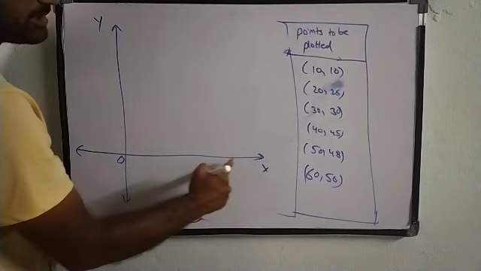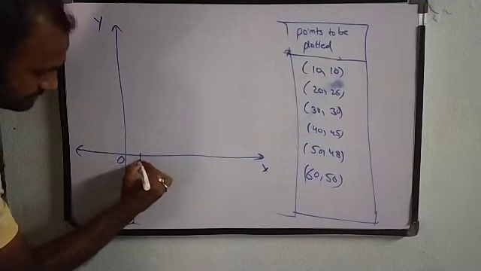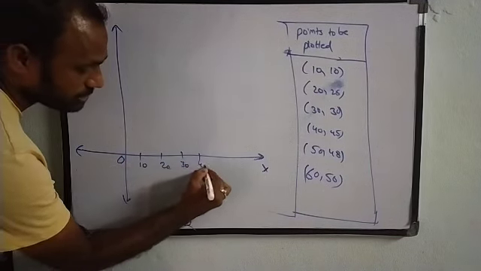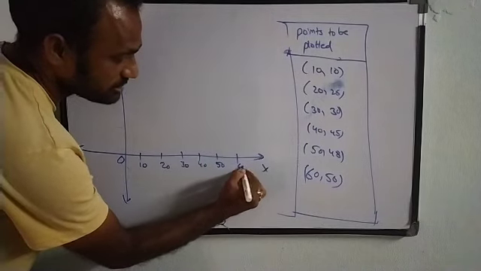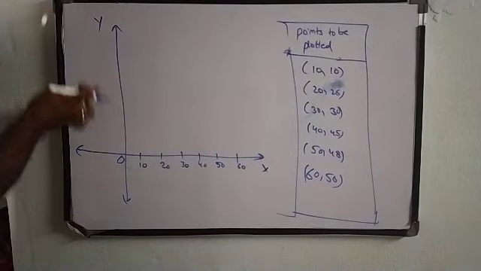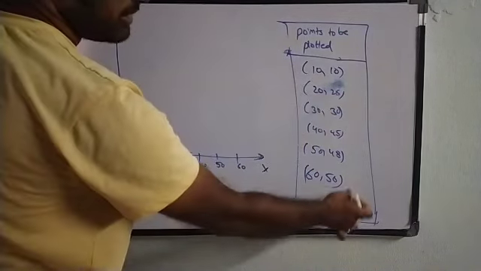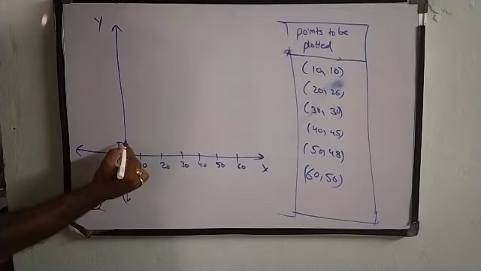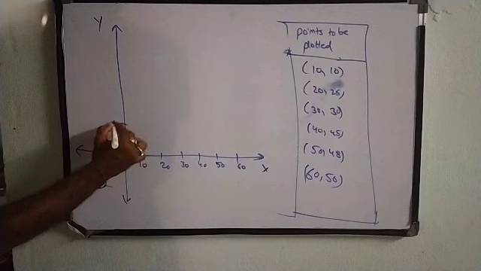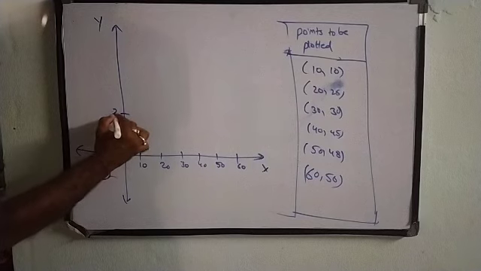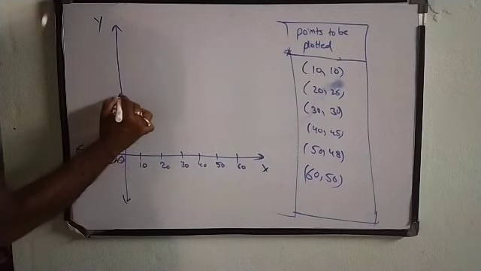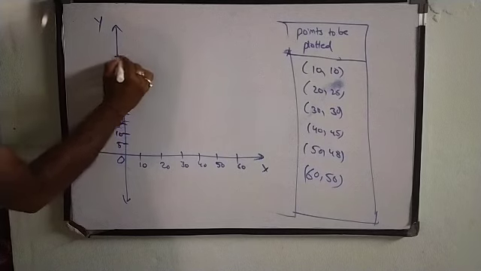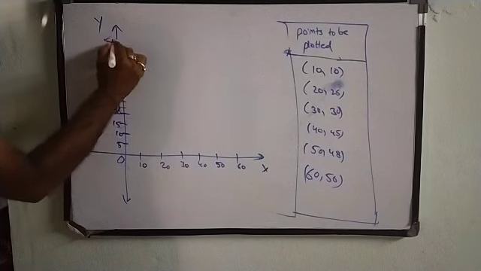On the x axis let us take the scale as 10: 10, 20, 30, 40, 50, 60. On the y axis, it is better to take a scale of 5, so that we can mark as many points as possible: 30, 35, 40, 45, 50.